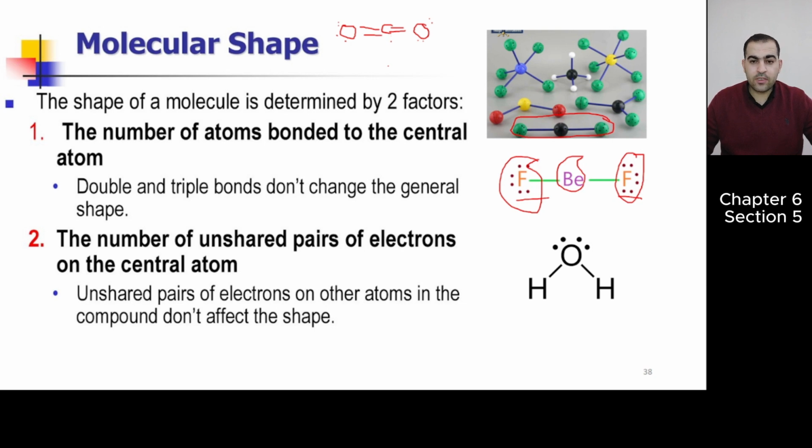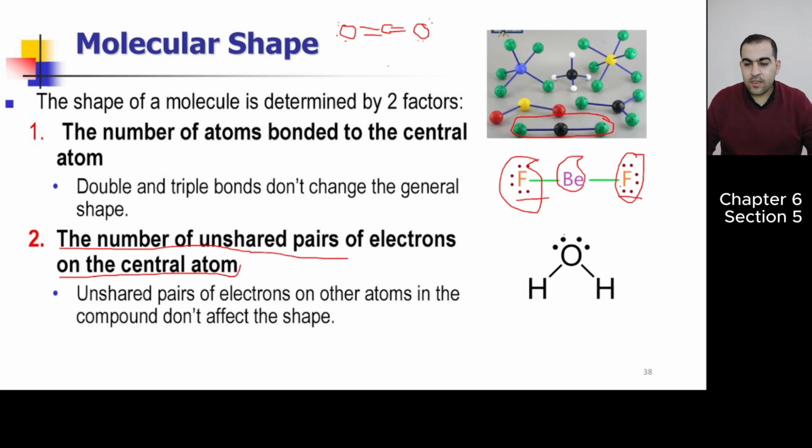Okay, note this. The second factor is the number of unshared pairs of electrons on the central atom. If there is a lone pair on the central atom, it affects the shape. Guys, here, two hydrogens are bonded to the central atom, meaning two atoms bond to the central atom. But why is its shape bent and not linear?